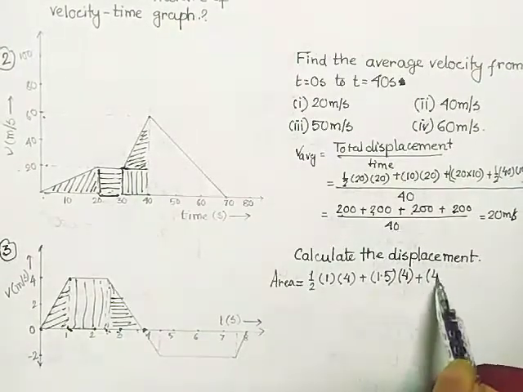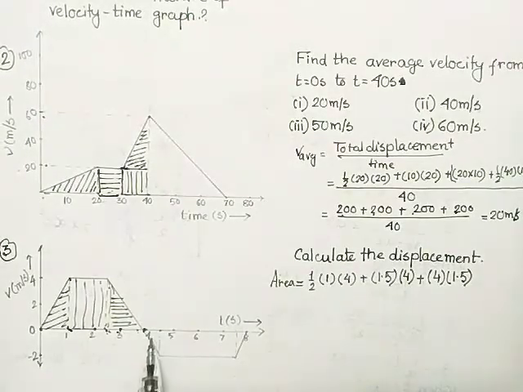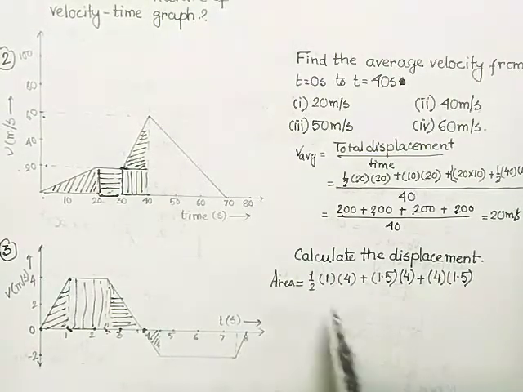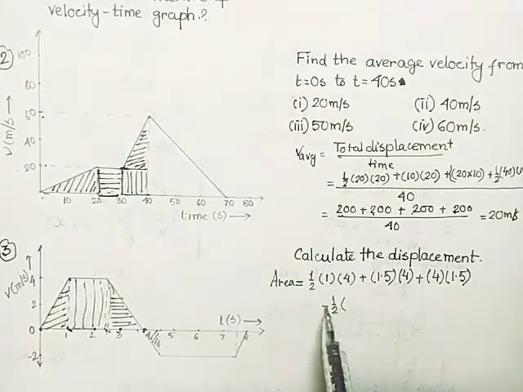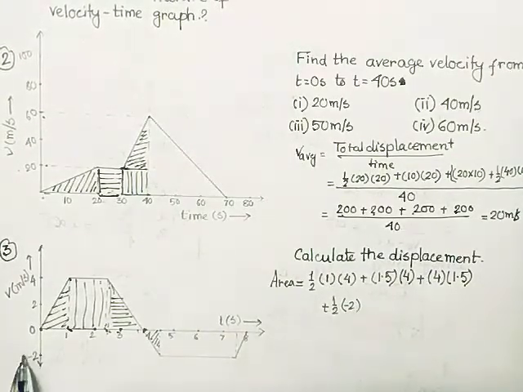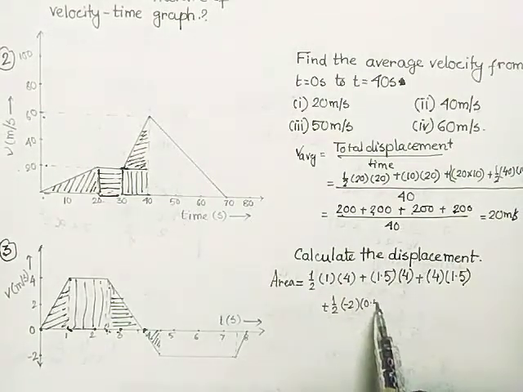So it is 4 into 1.5. Now if I consider this part from 3.5 to 4, it is 0.5 and the height is minus 2, in the negative half, so minus 2 into 0.5, or 1 by 2.